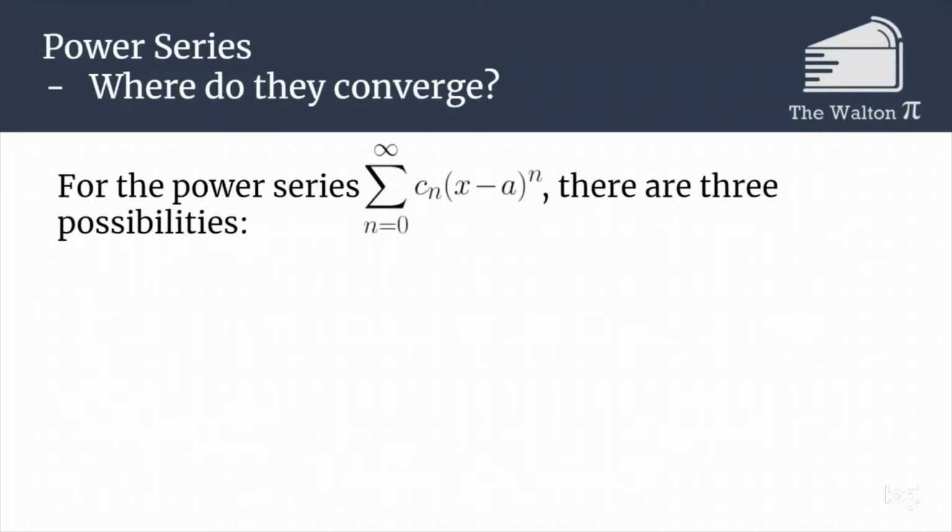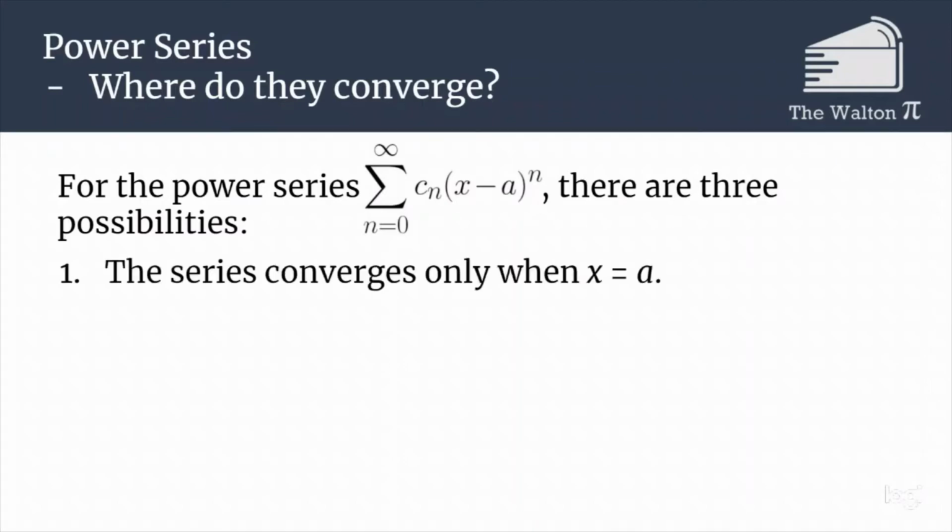So if we have a power series, there are going to be three possibilities of where the series will converge. The first option is the series converges only when x is equal to a. The reason for this is if we plug in a for x, then we get the sum from n equals 0 to infinity of c sub n times 0 to the n.